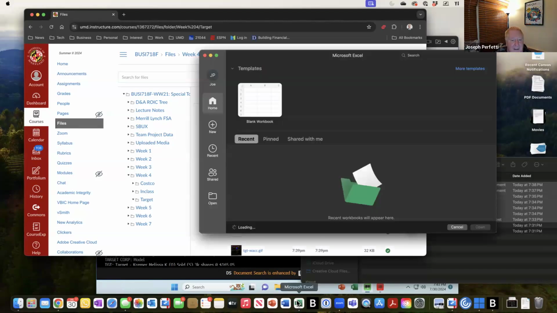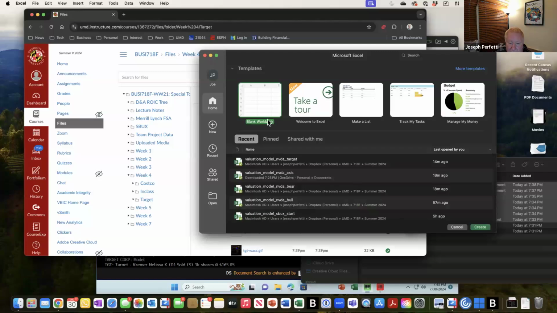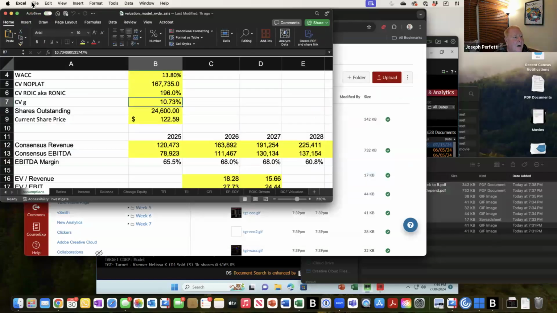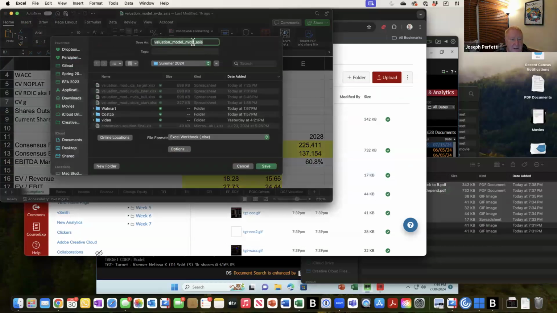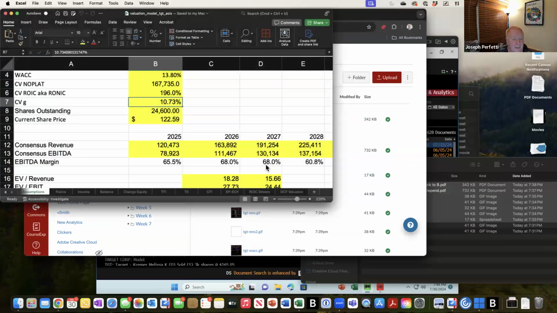So file, save as, and instead of the NVIDIA as is, I'm going to call this the target as is. All right. So remember, right now this has the NVIDIA data, right?